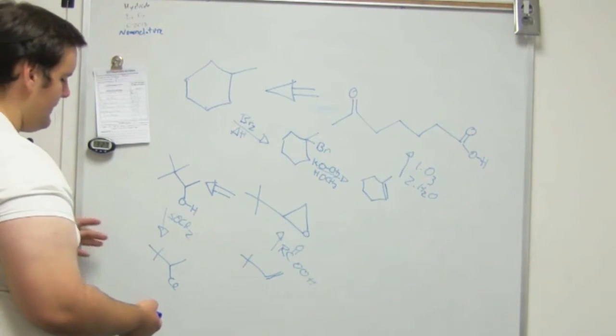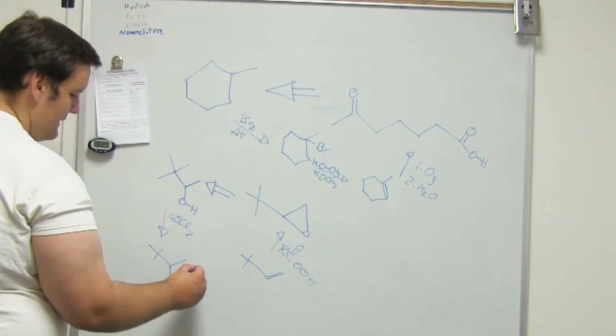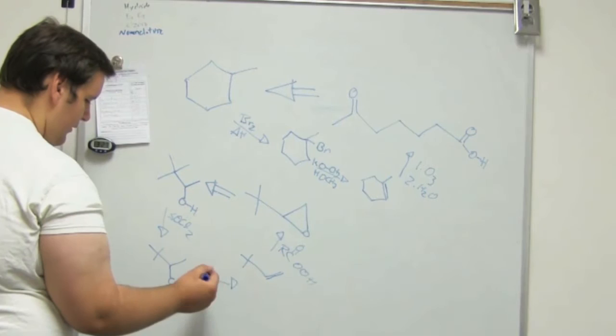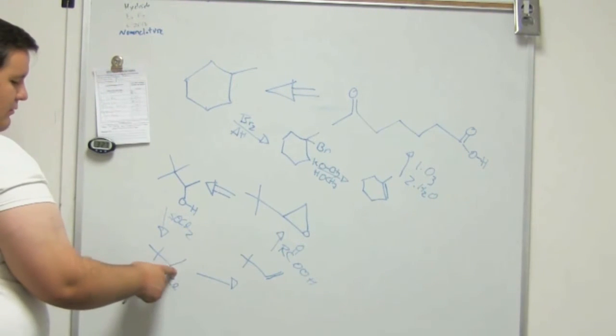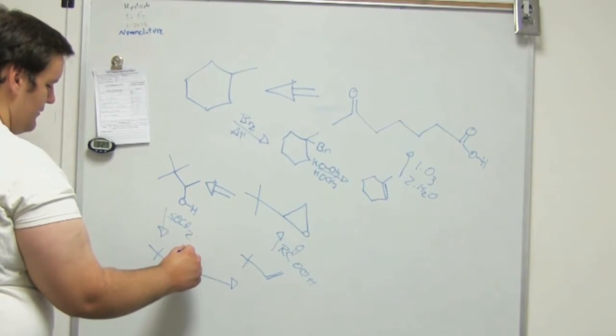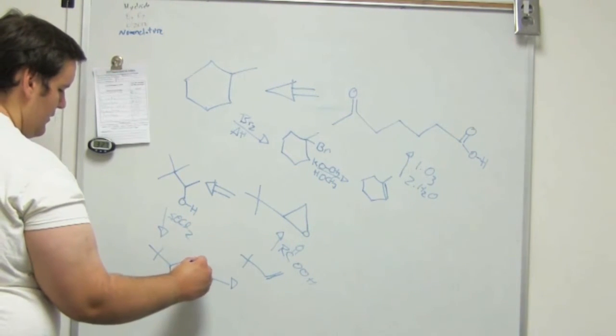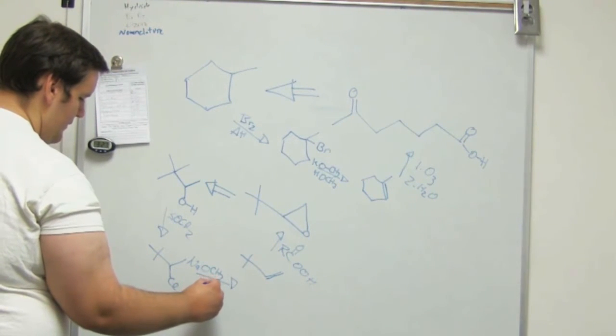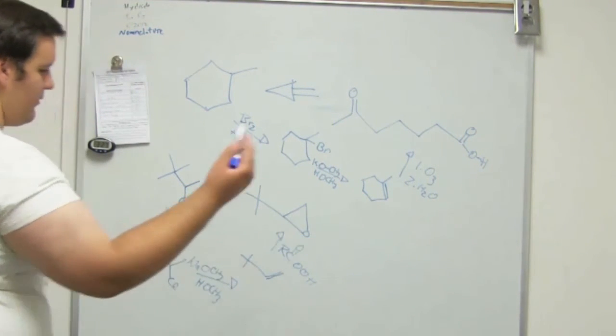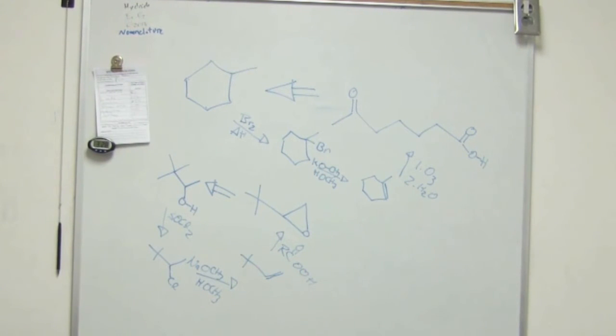Now, if we did E2, there also won't be a shift, and there's no beta hydrogens here, so we only form a double bond this way. And so you form a double bond, and then form your peroxy acid.